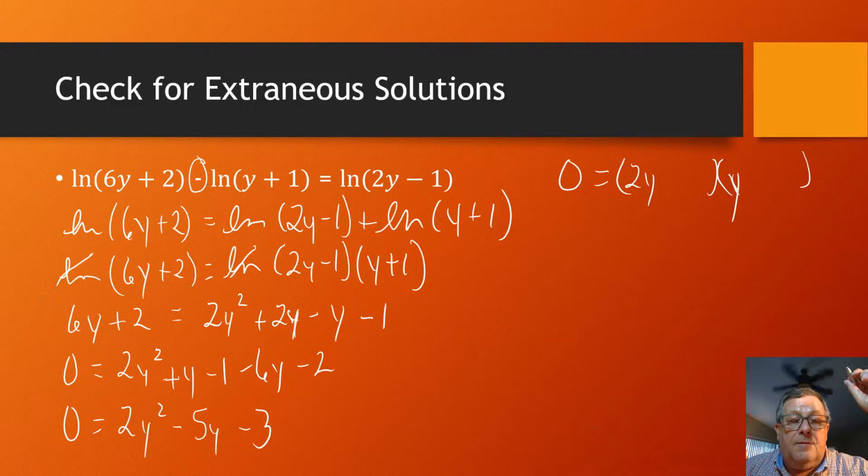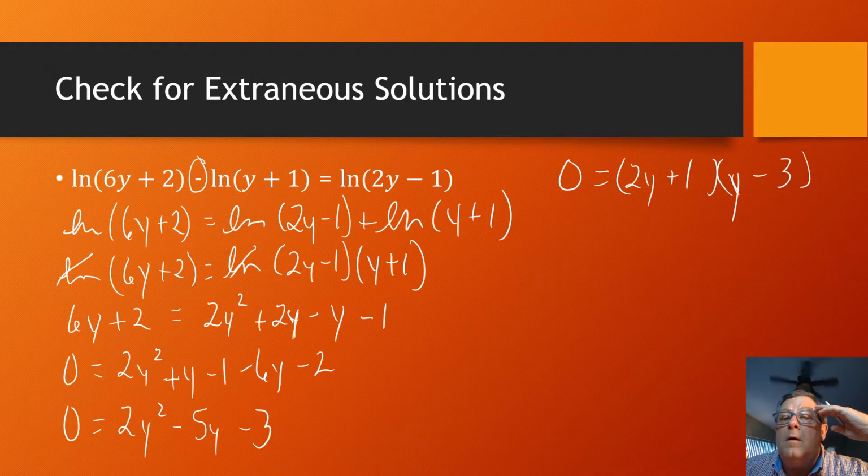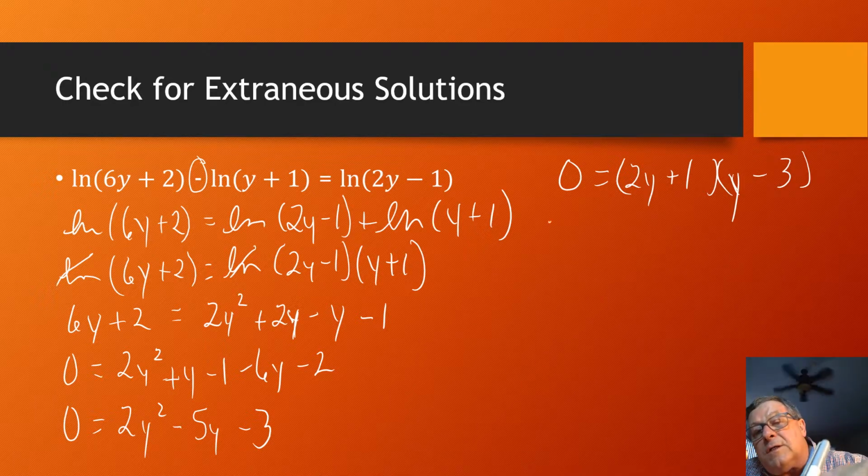And I got a negative 3, so I'm going to have a plus and a minus inside my parentheses, and I need two numbers that multiply to negative 3 and add to negative 5. I think I need negative 3 right there and plus 1 right there. 2y times negative 3 is negative 6y plus 1y is negative 5y. That would do it. We're going to set each of the factors equal to 0.